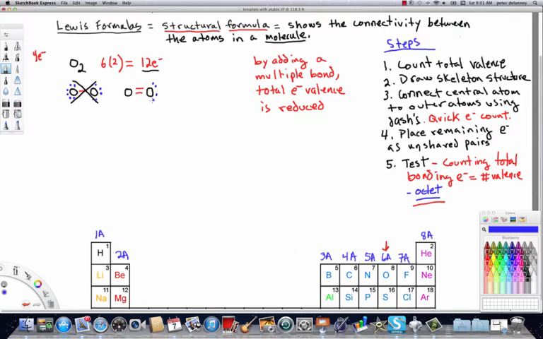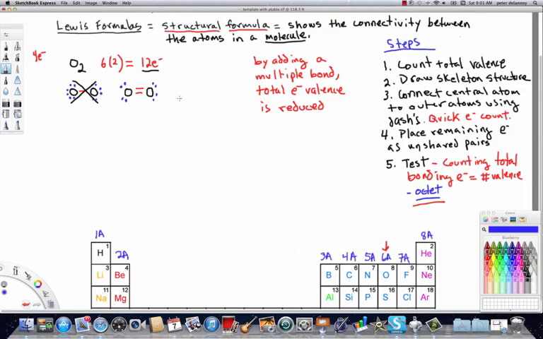I put in only 2 unshared pairs on this oxygen now, because again, we cannot have more than 8 electrons around the oxygen. We count 2, 4, 6, 8, counting both of the bonding sets in here. So we're done with this oxygen. Now we come over to this one, and we add our 2 pairs so that we don't exceed 8 around that one.